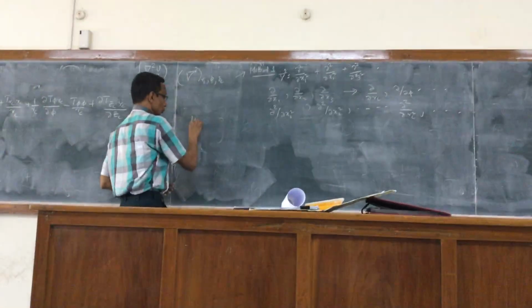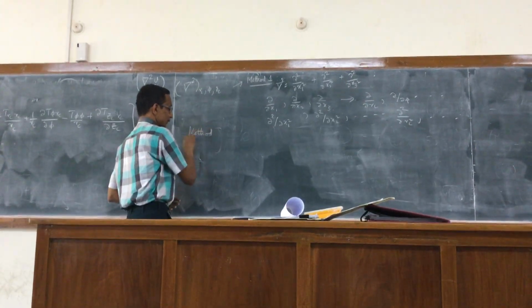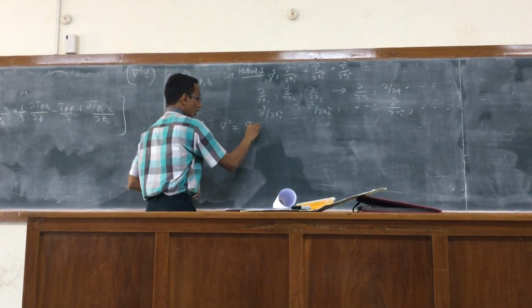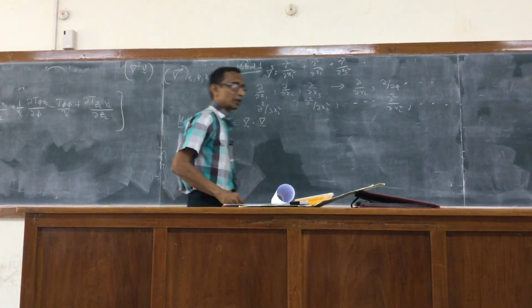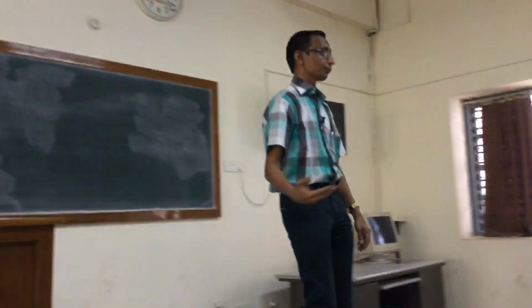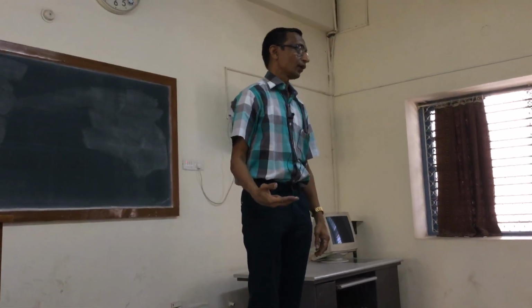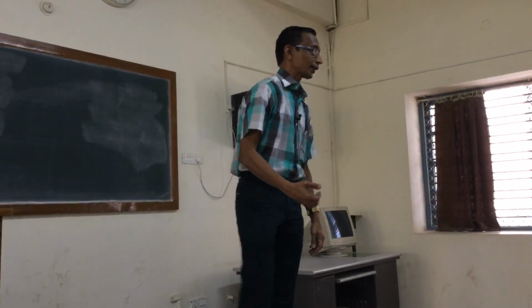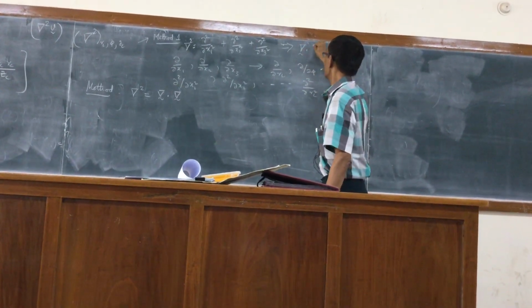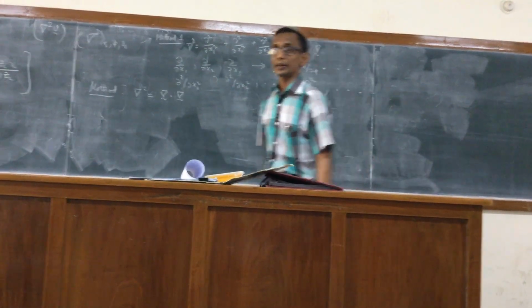Now, method 2 looks at the Laplacian as actually the dot product of the gradient operator with itself. This is a perfectly legitimate way of writing the Laplacian, and we can easily verify this in the rectangular coordinates, the rectilinear coordinates.